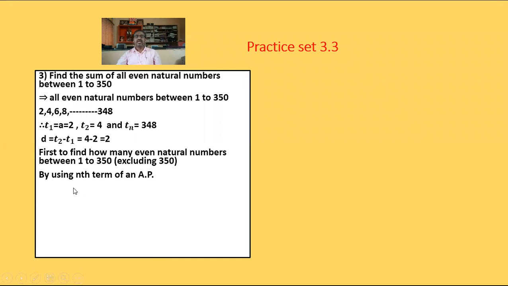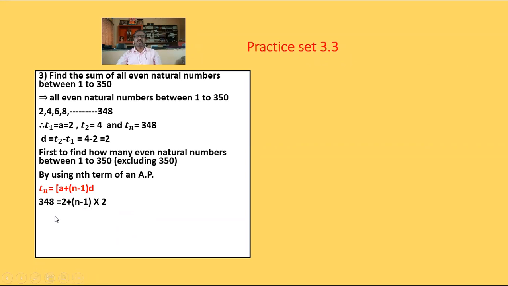Here, by using the nth term of an arithmetic progression, we find the total numbers between 2, 4, 6, 8 up to 348. Tn is equal to a plus n minus 1 multiply d. Substitute the values: 348 is equal to 2 plus n minus 1 multiply 2.